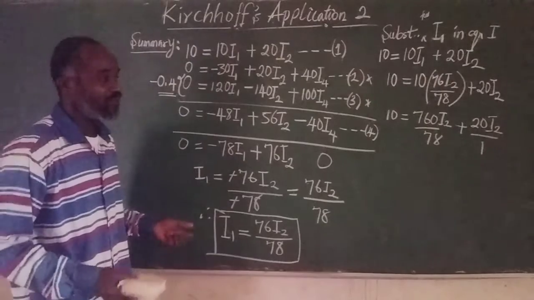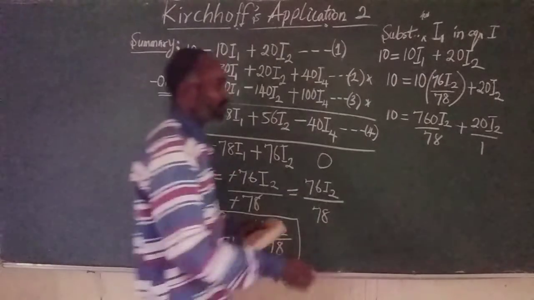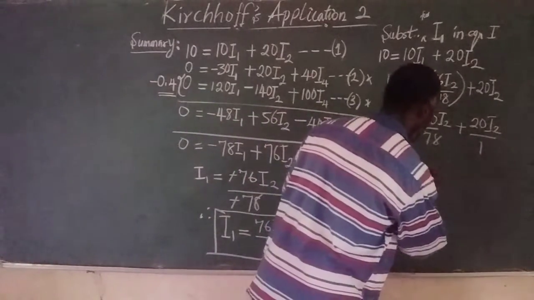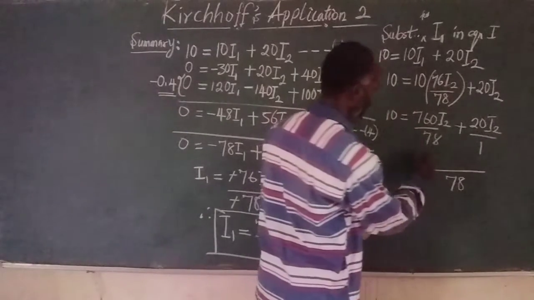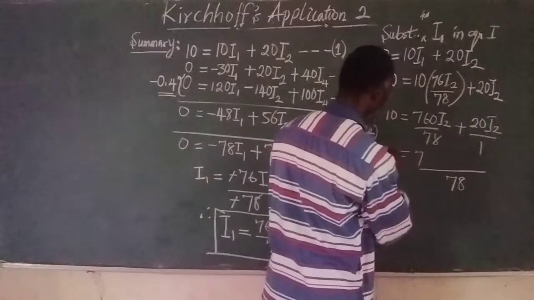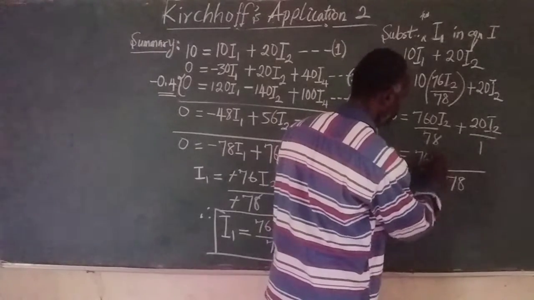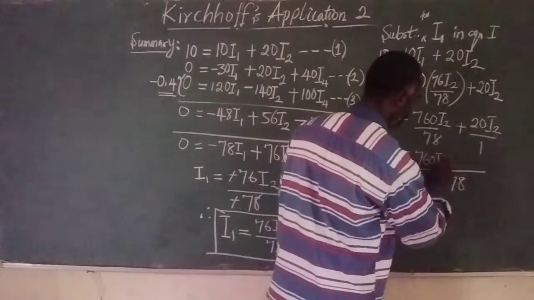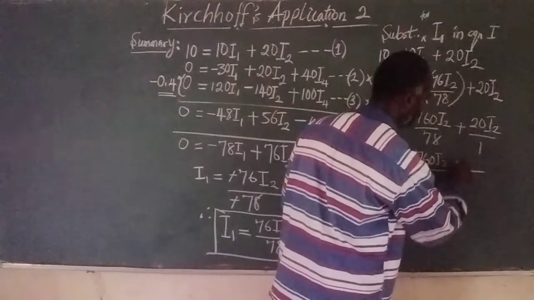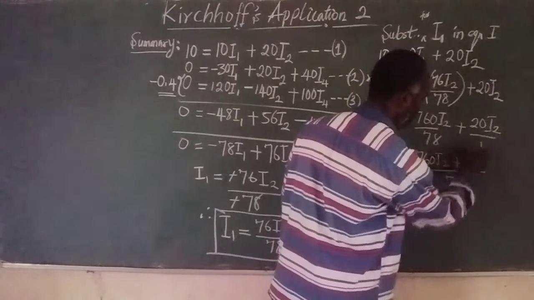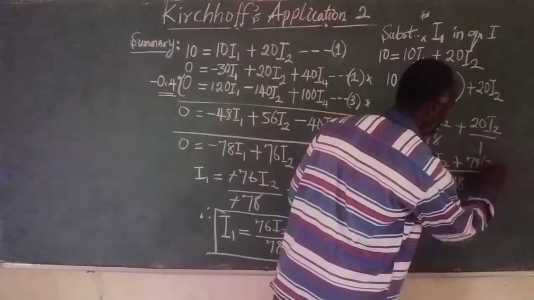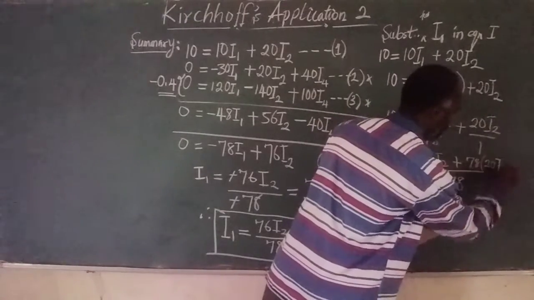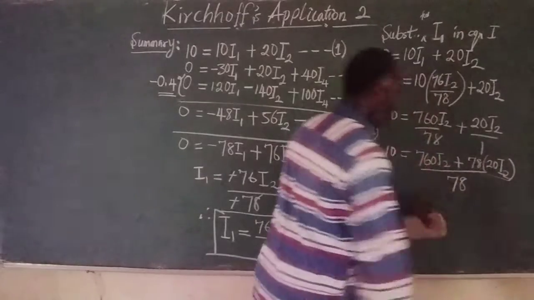The next thing, we find our LCM, that is 78. And that goes that way. We have 10 at this point equal to 760 I2 plus 78 multiplies 20 I2, bracket close. So that's what it's going to be.